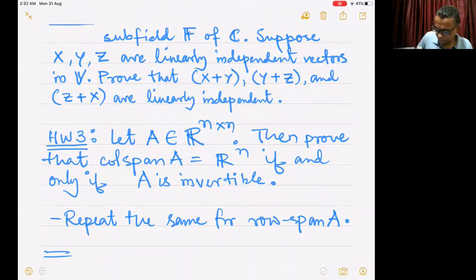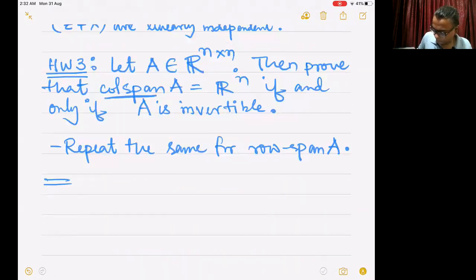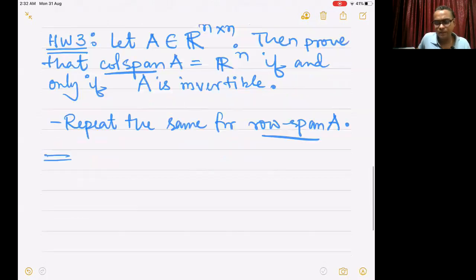By the way, I have not defined row span and column span yet, but it's understandable that the name itself is quite self-explanatory.